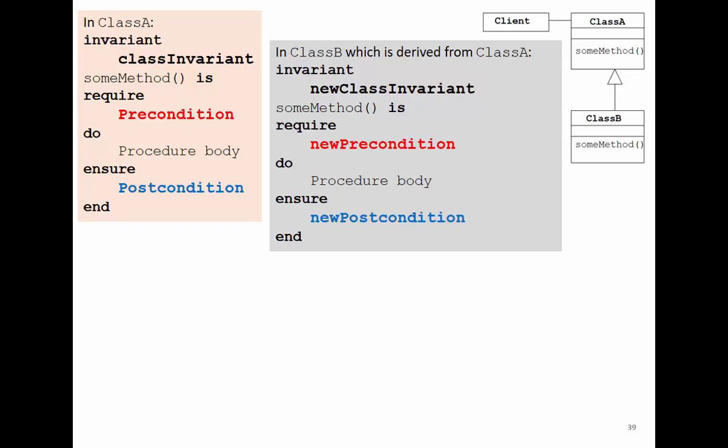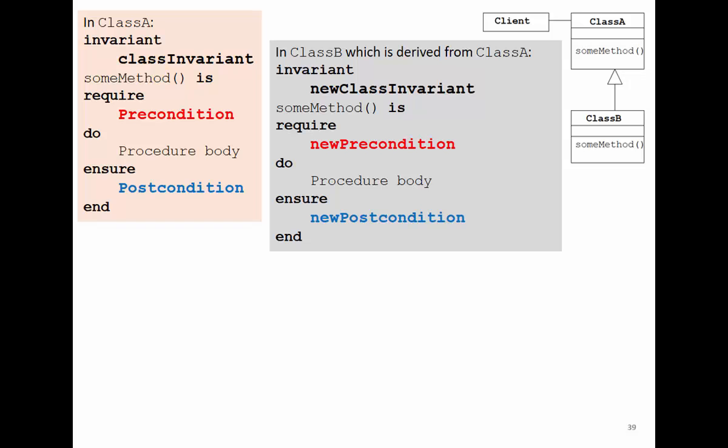Now you define a new class, class P, which inherits from class A. Again, you override the same method. But again, you have a new class invariant. So you have some conditions about the state of class P, which is a class invariant. This class should always have this condition true.